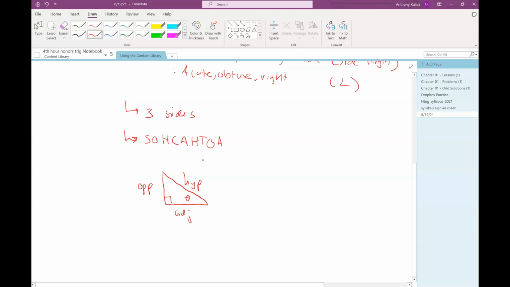Adjacent is the other arm of the angle formed by theta, and opposite is the side that isn't one of the arms of that angle theta. So for example, the SOH tells us that sine is equal to the ratio of the opposite side and the hypotenuse.